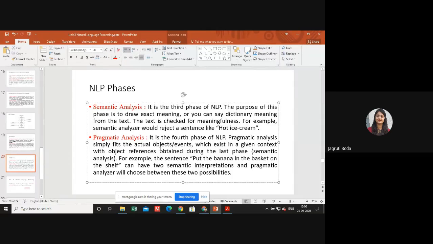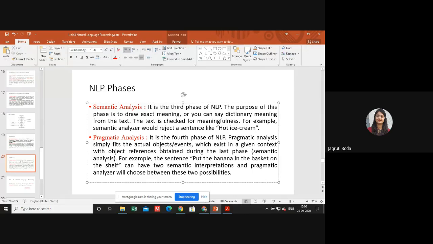Now the next is pragmatic analysis. It is the fourth phase of NLP. Pragmatic analysis simply fits the actual objects and events which exist in a given context with object references obtained during the last phase.